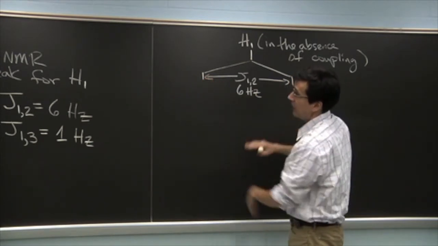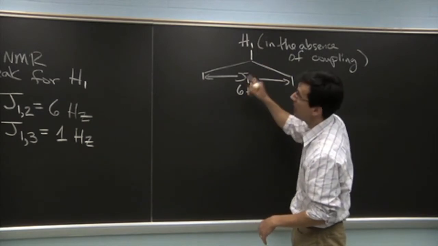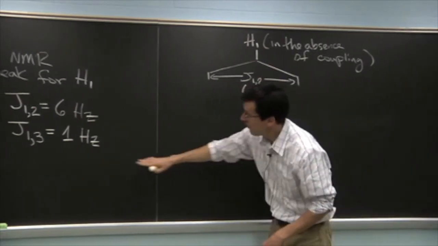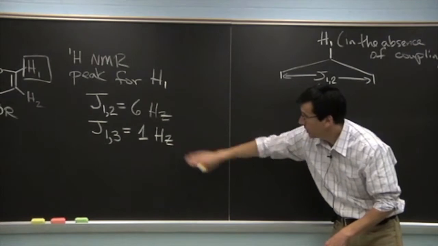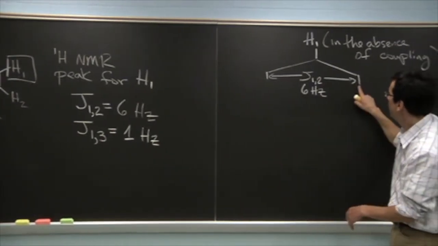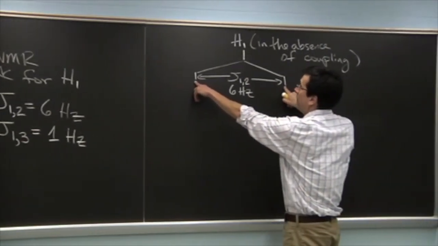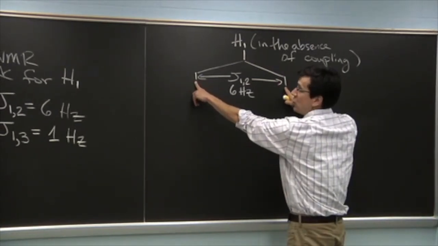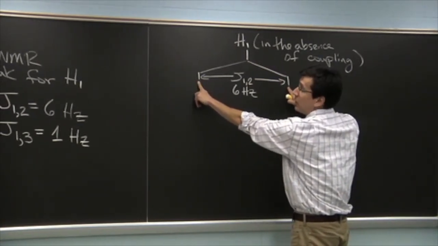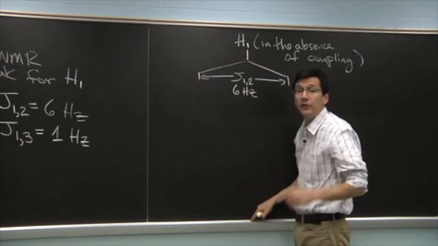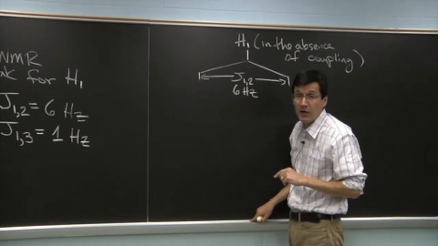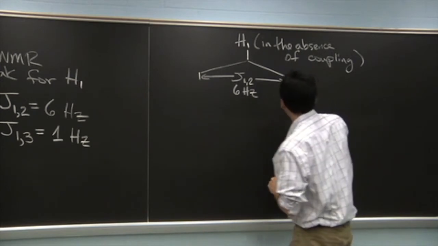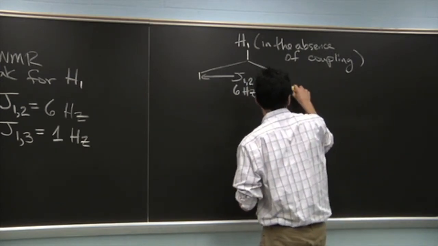So that takes care of the interaction between H1 and H2. But now I have to factor in this splitting. And so what I need to do is go to each of the wings of the original thing, and split each of those according to the influence of H3. Since there's just one member of H3, it's going to split each of these lines into 2 peaks.